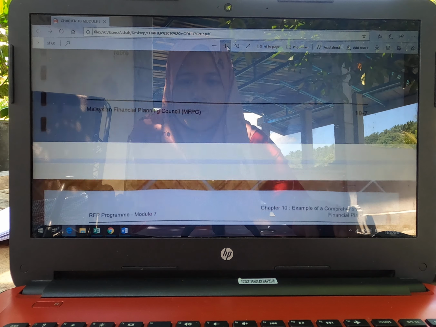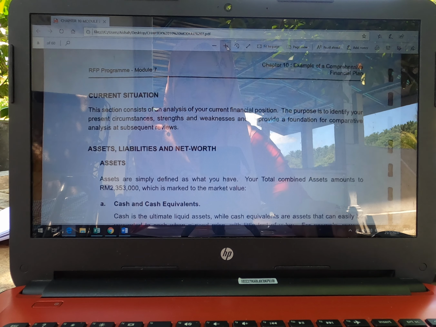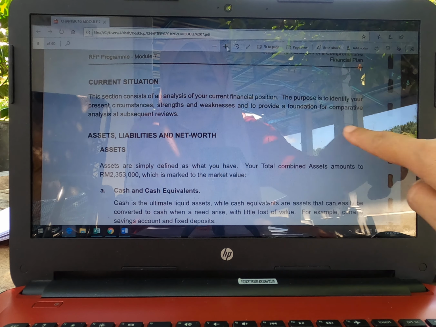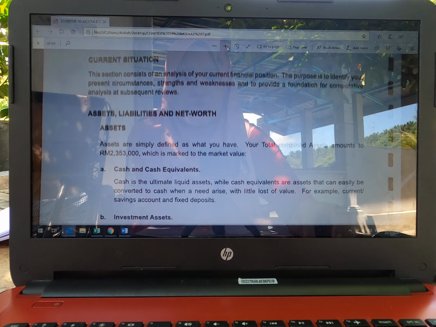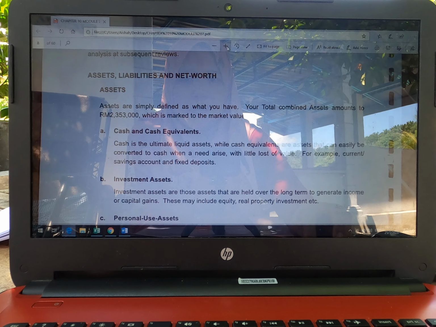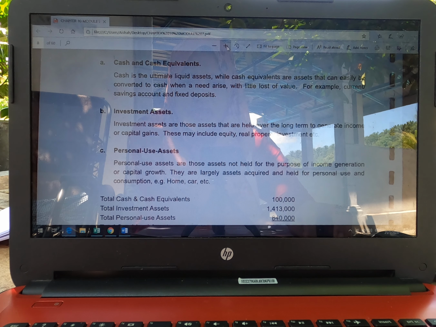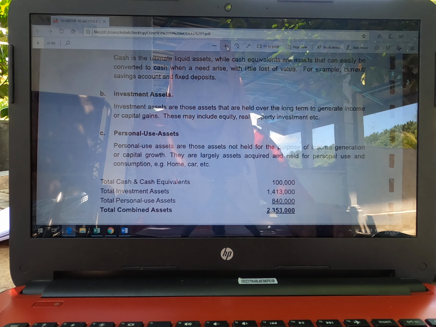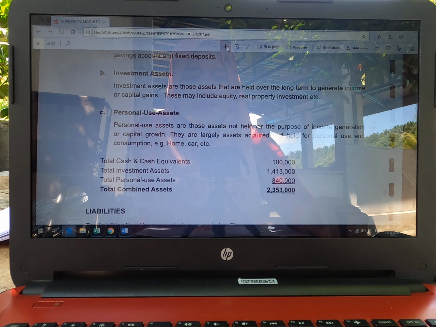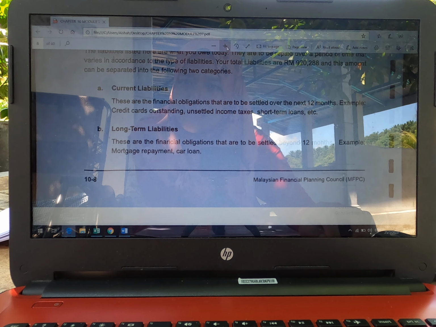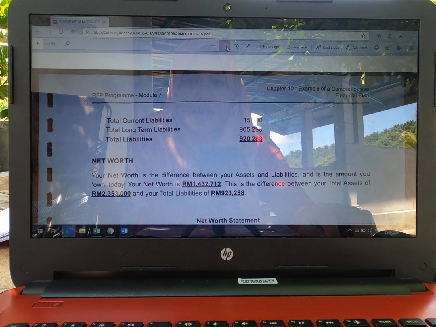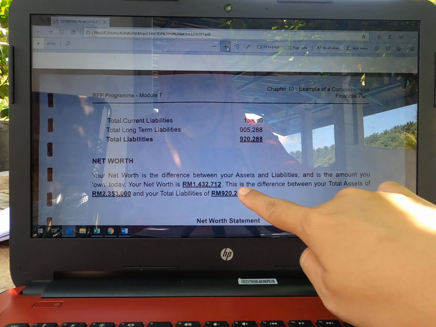After that, what you need to do is to prepare the current situation. This is a standard format that you have to follow, and you have to calculate the assets, which comprise cash and cash equivalents, investment assets, and personal use assets. This information is similar to what you already collected in the fact-finding sheet. After that, the liabilities, comprising both current liabilities and long-term liabilities, as well as the net worth of your client, which means the difference between assets and liabilities.